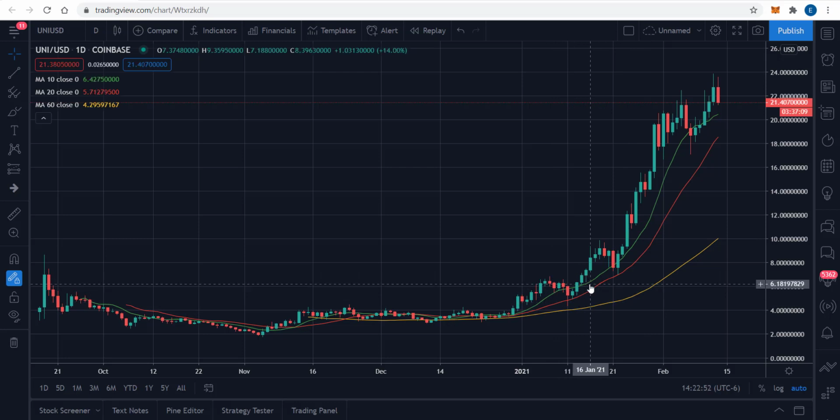So the 10-day is higher than the 20, which is higher than the 60, which is of course a key bullish indicator. But I'm looking at how the prices have come down and touched the 10-day, even gone through the 10-day, but they really have bounced off of the 20 period.